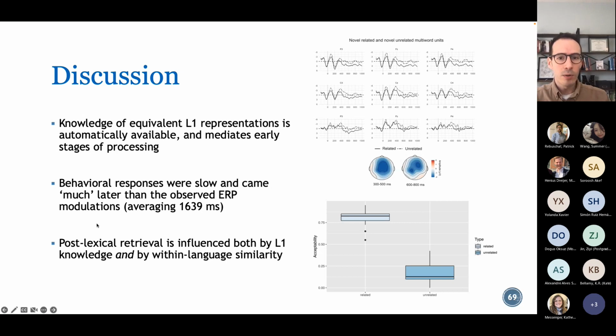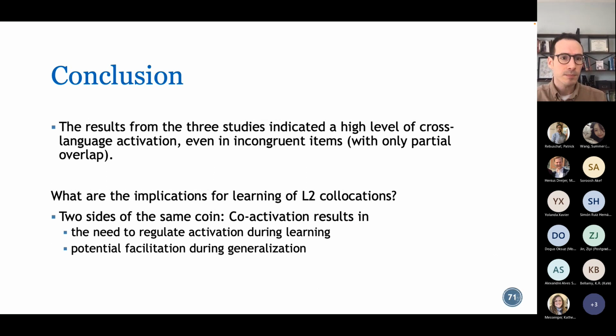So in this case, both types of data complement each other in allowing us to describe the time course of processing and the contributions from the first and the second language.